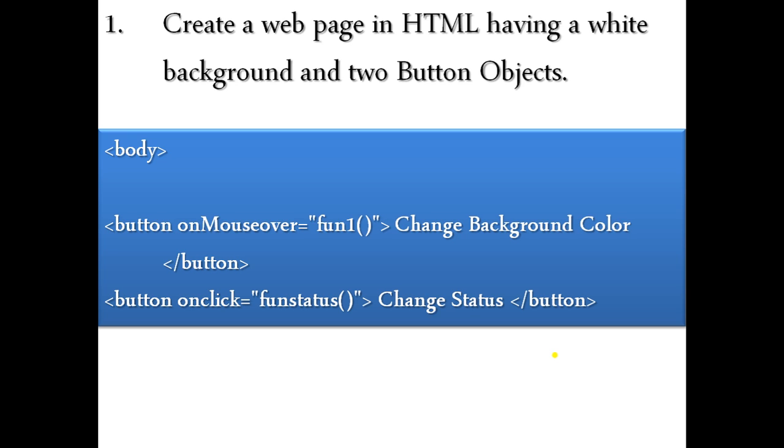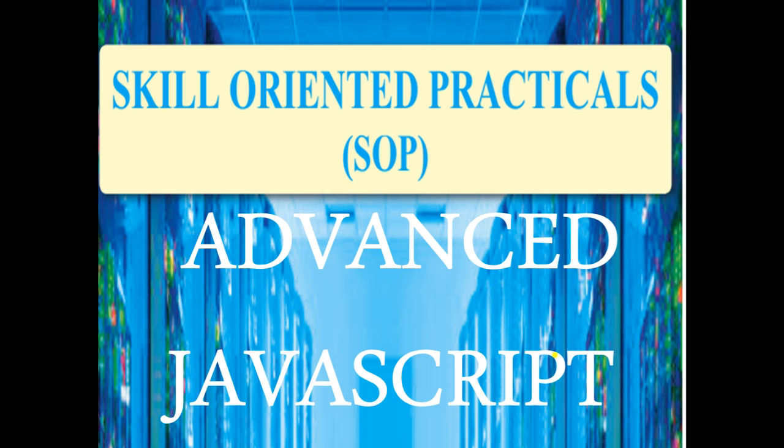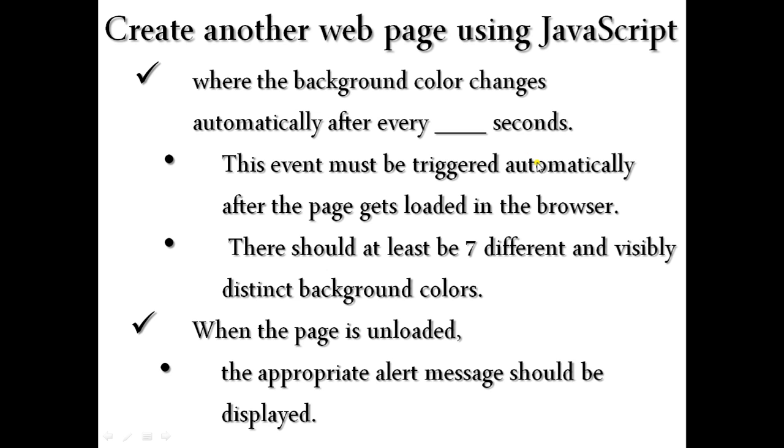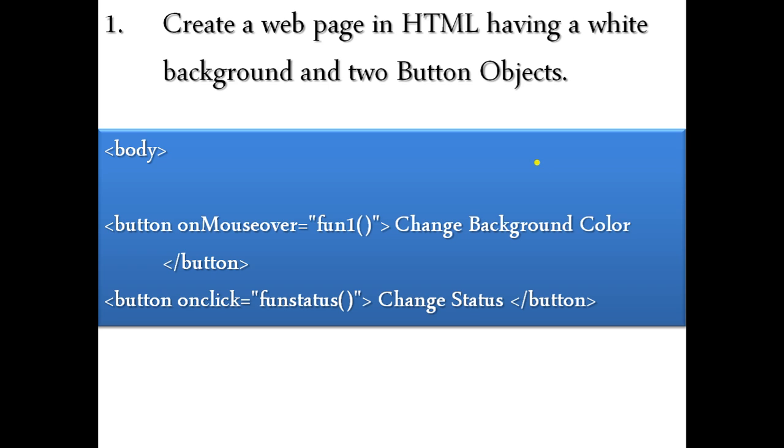Button onmouseover is an event handler. As I told you in the question, it is mentioned that when the mouse is placed over the first button, you're supposed to use which event? The onmouseover event.